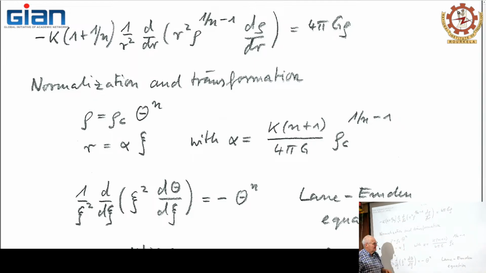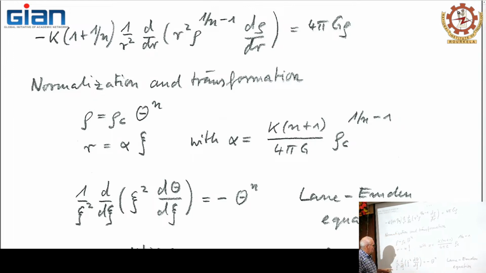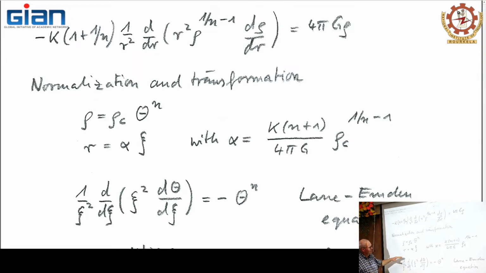If we take alpha equal to this combination of constants, central density, and the polytropic index, then we obtain a dimensionless quantity psi, which leads to a normalization of the radial coordinate r.